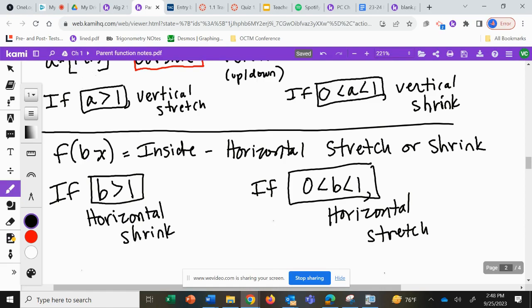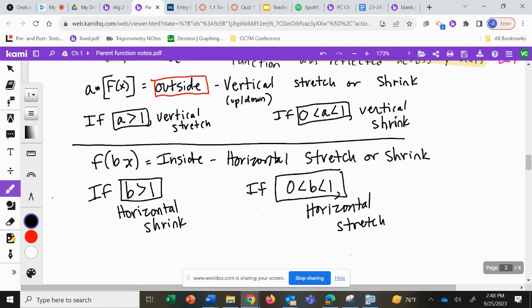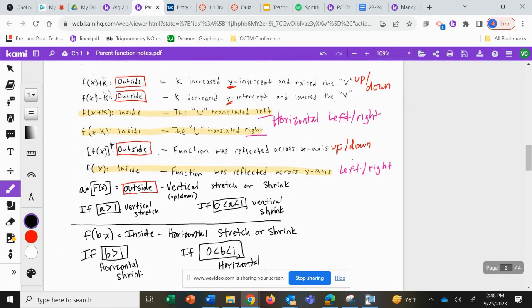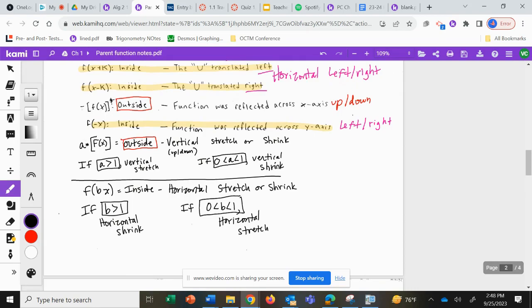Everything that we did horizontally on here went opposite of what common sense normally tells us. So we want to think vertical is like common sense. If it's multiplied by 6, it gets bigger. It's a stretch. But horizontal, if there's a 6 in it, it's actually going to get smaller.